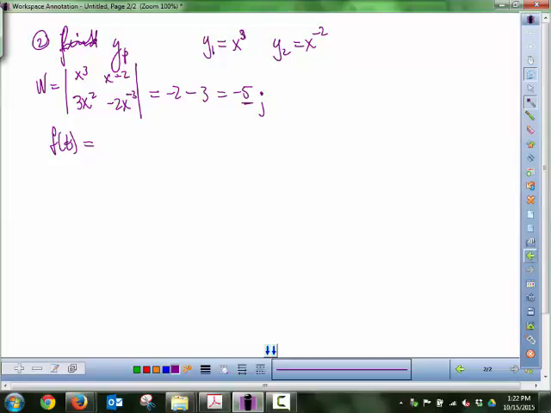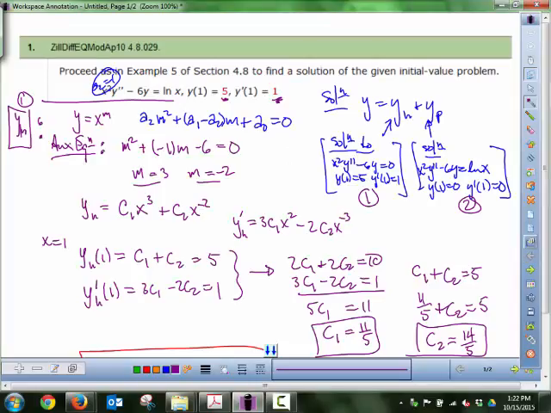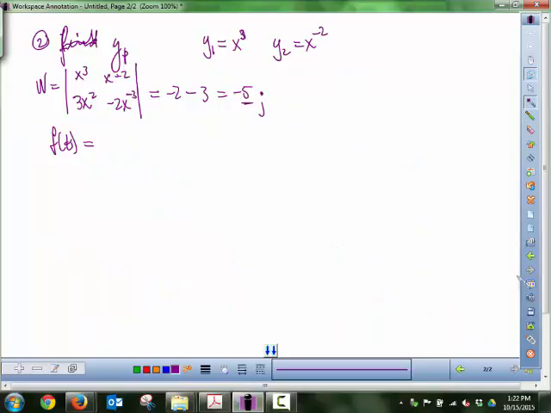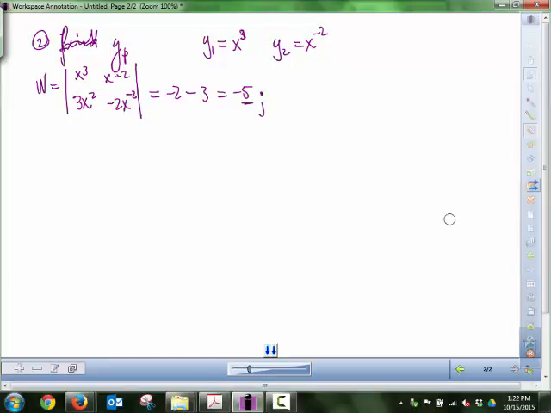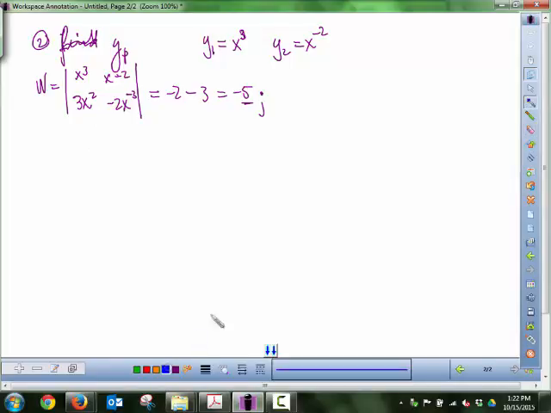Let's go back and remember that f of t has to be our differential equation written in standard form. So actually, before we write our f of t, let's rewrite our differential equation. I'm going to rewrite our differential equation as x squared y double prime minus 6y is equal to ln x.